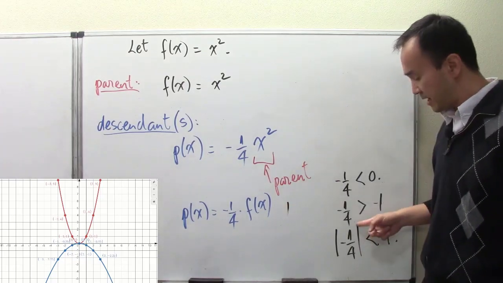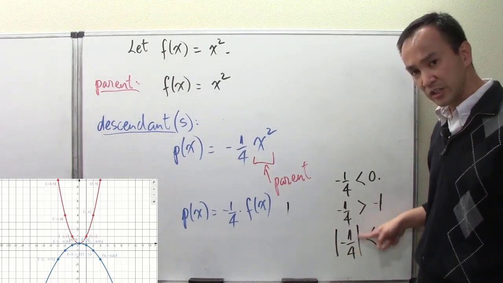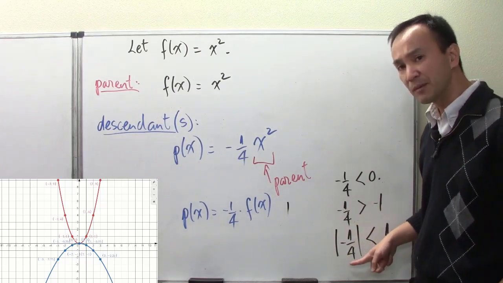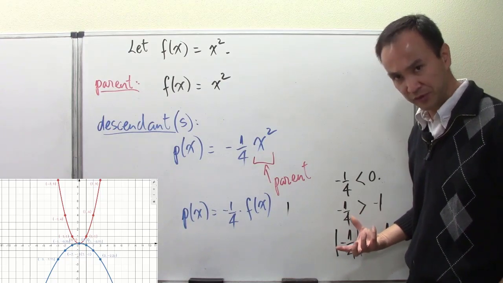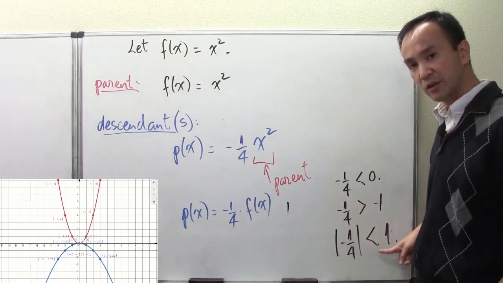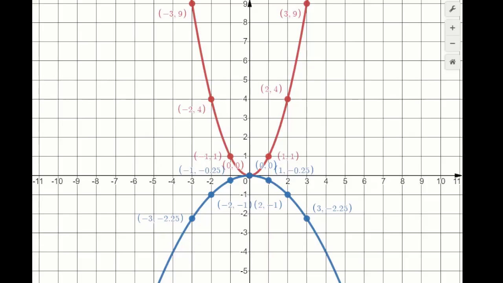Okay, and then after that, the 1/4: due to the nature of the absolute value of 1/4, we're ignoring the sign and talking about the absolute magnitude, how big that scale is. As far as the scale, it's still less than 1, and that's the reason why. Then you see on the same grid, every y value on the parent's function, whatever that is, the corresponding point is only 1/4 of the way.